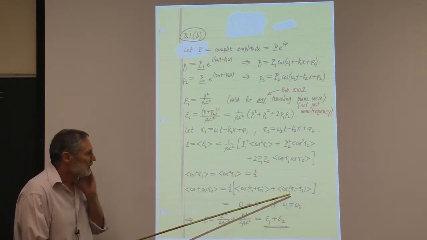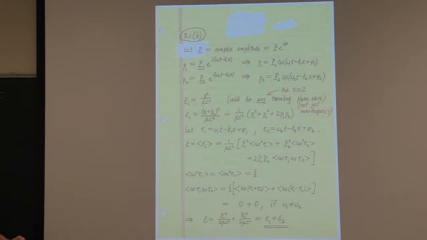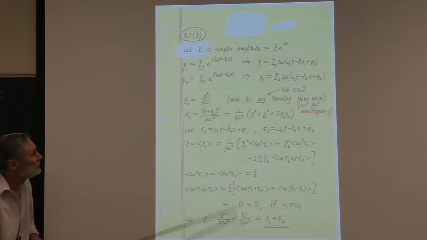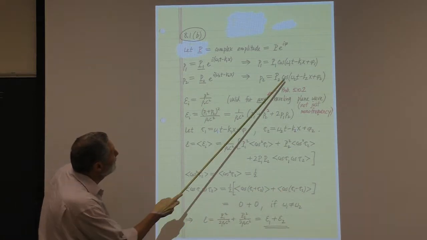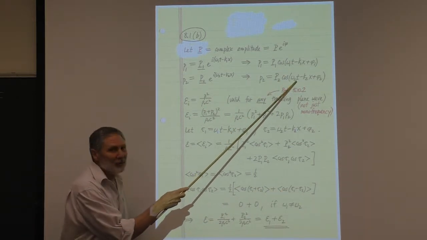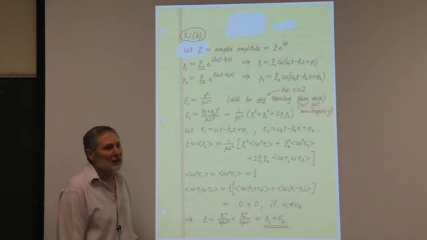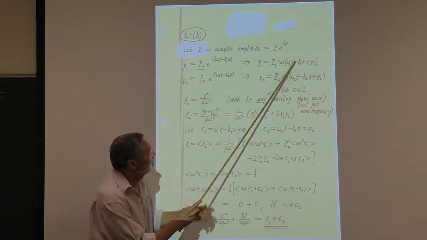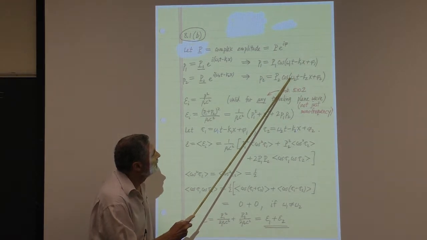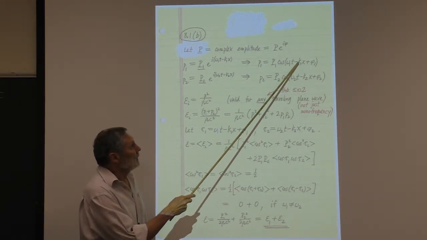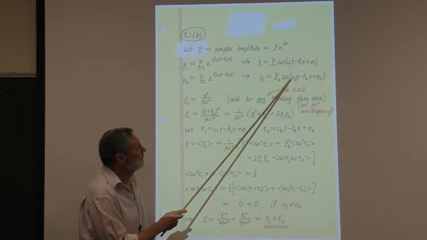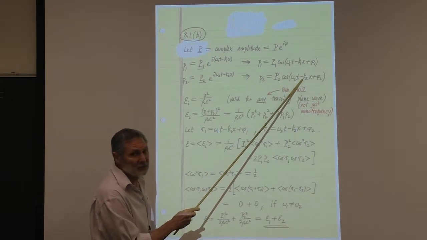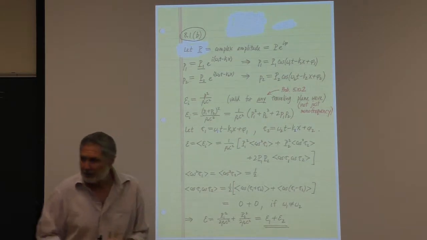Now, it's interesting to think about this case, and I added something this morning. What happens when omega 1 is equal to omega 2? Well, when you take tau 1 minus tau 2, what happens? Now, time disappears. When omega 1 equals omega 2, and that means K1 will have to equal K2, what do we end up with?